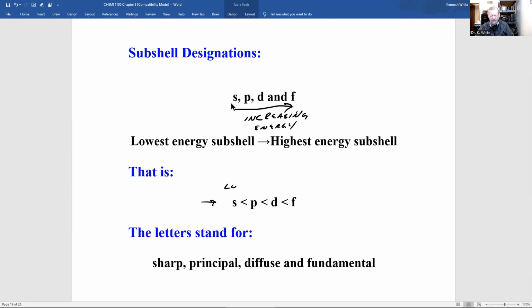This is the lowest. This is the highest energy. And remember, this symbol means less than.